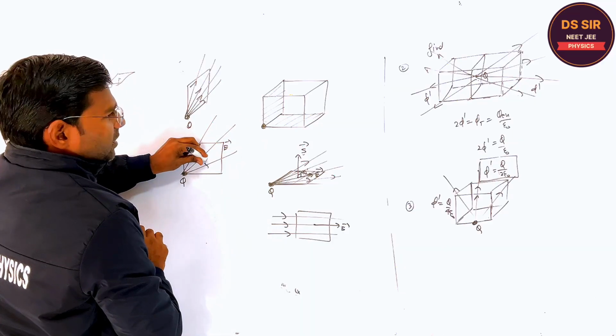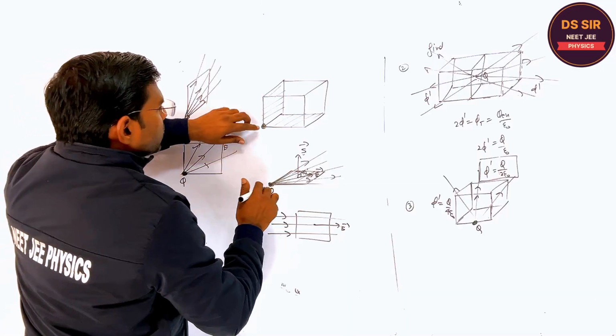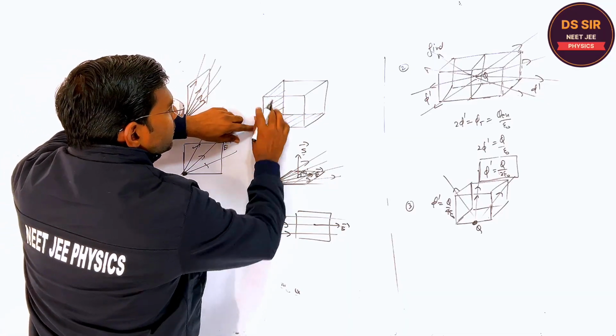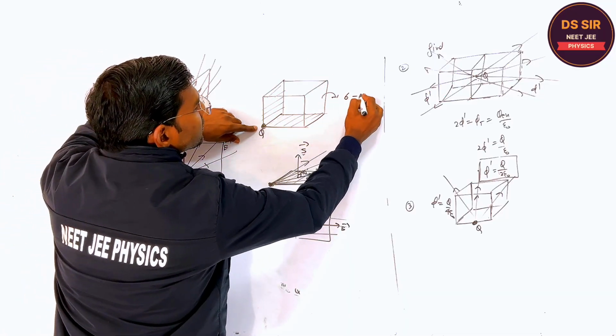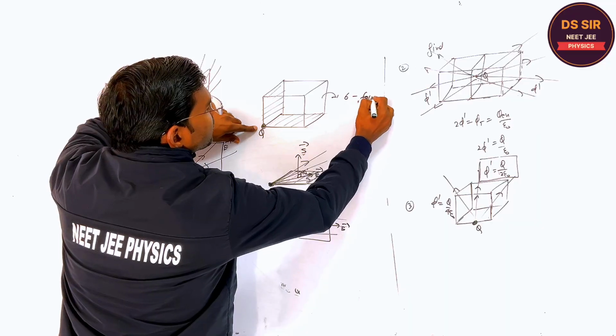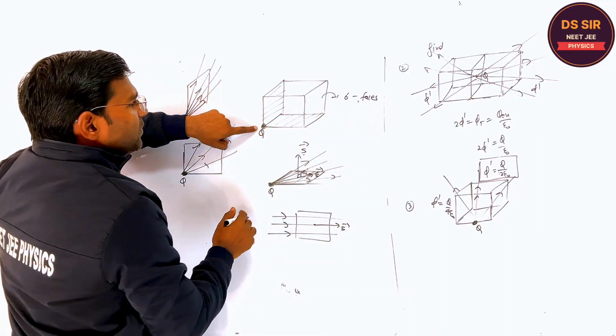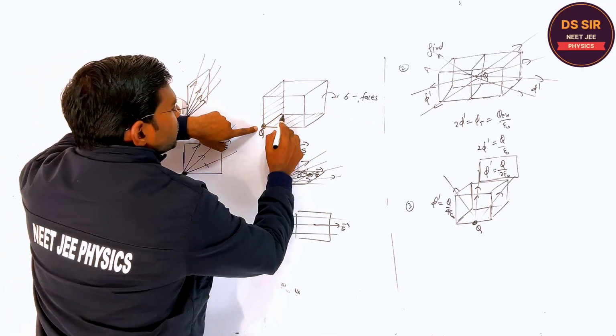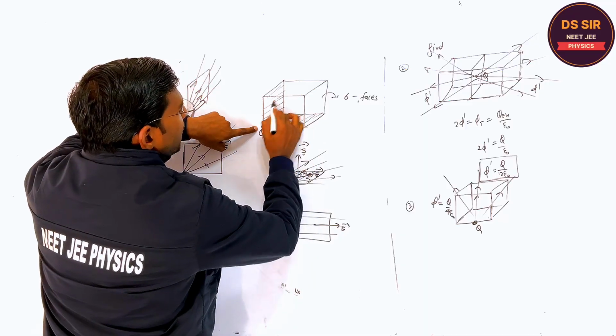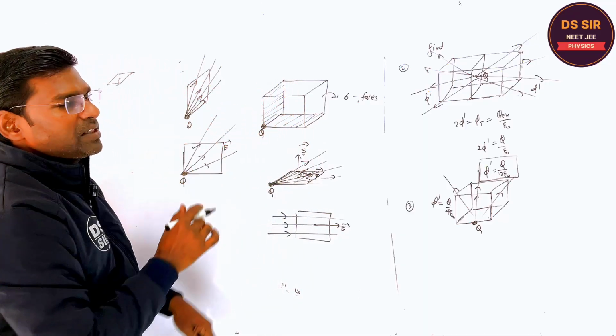So this is the charge q and how many faces are there? 6 faces are there, out of which 3 are touching faces. The side face is touching and the front face is touching.